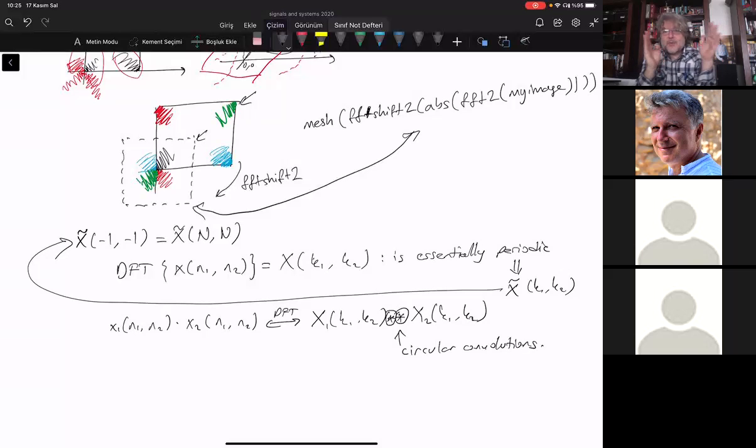So you are sliding one signal, but while sliding, you take one sample and put it on the left-hand side, and then shift more, and put another on the left-hand side. Take another from the right-hand side, put it on the left-hand side. So that is circular convolution.